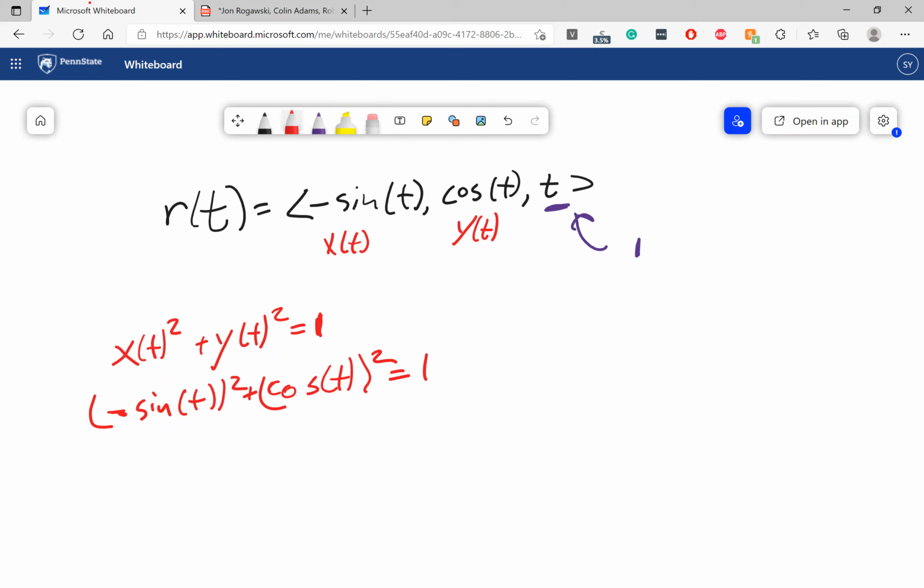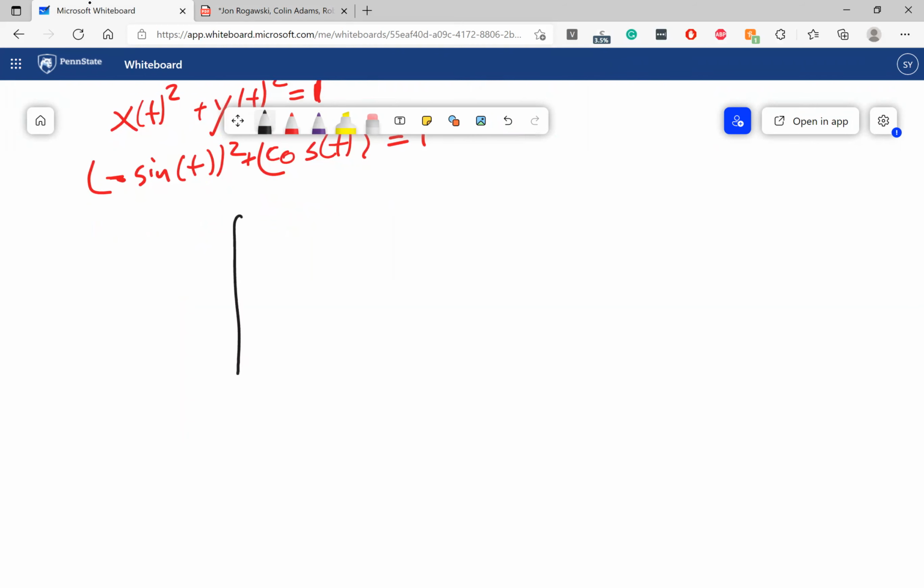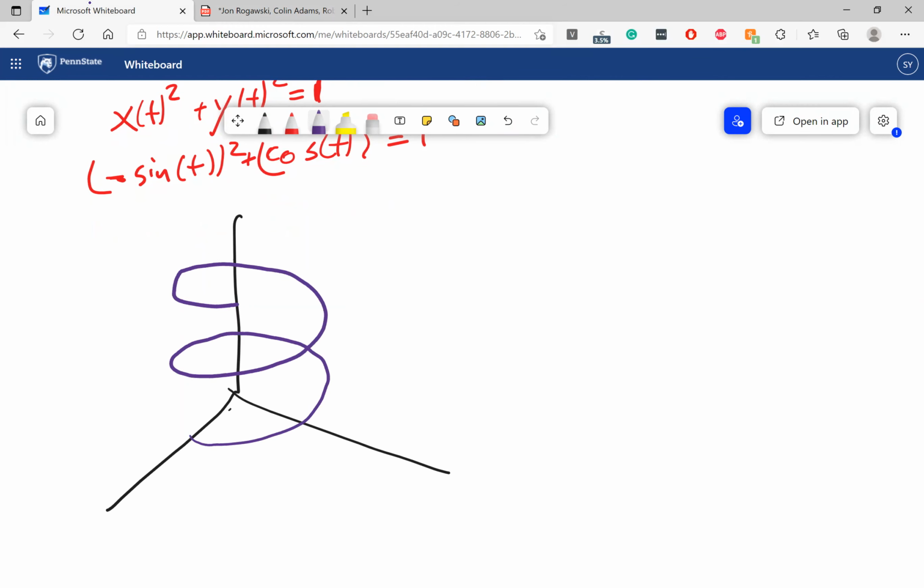So that's what you're getting in your x and y coordinates. And the question is then what's happening in the z coordinate? And the answer is, as time goes positive, it goes up. And as time goes negative, it goes down. So we can imagine, if we graph this, that instead of getting a circle the way we did before, we now get a helix. And of course it will go down as t goes negative.